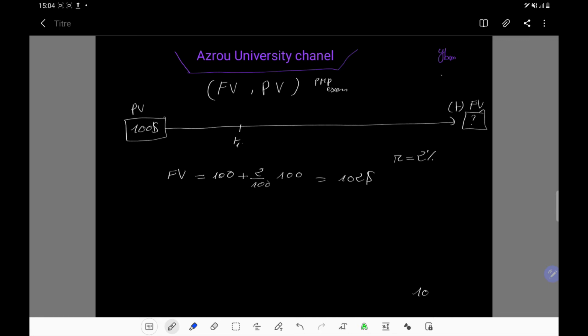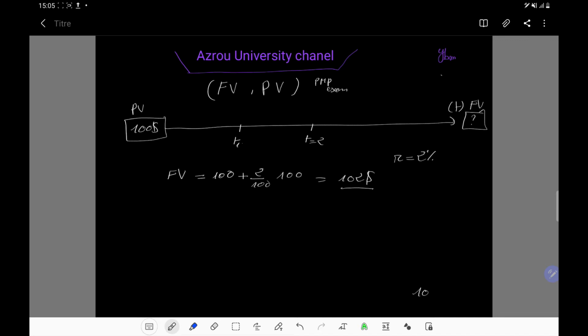So based on this calculation, the value of $100 in next year is $102. For example, if you lend to one of your friends $100 today, after 1 year, he must come back to you with $102. Okay, so how about the value of $100 at the year number 2?